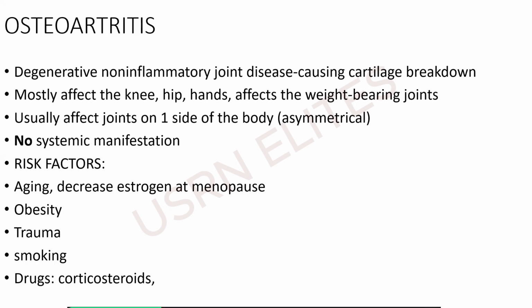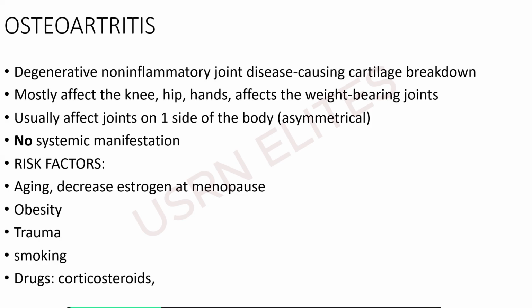Okay. Thank you. So don't worry, we're going to see it, the manifestations will tell us how this one can be distinguished from rheumatoid arthritis. And mostly it affects the knees, the hands, the weight-bearing joints. Mind you, these affect the weight-bearing joints.